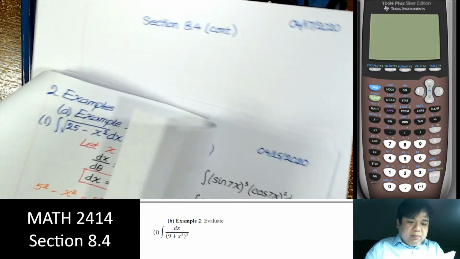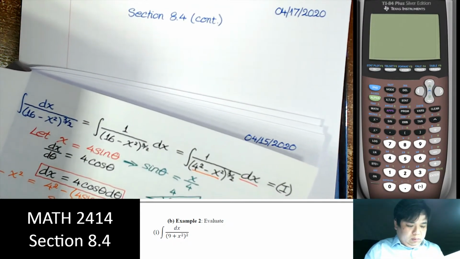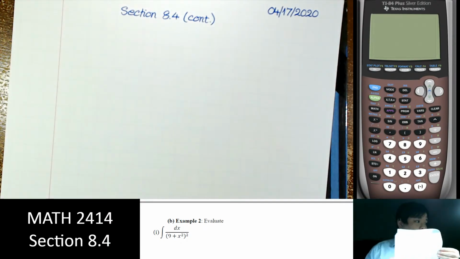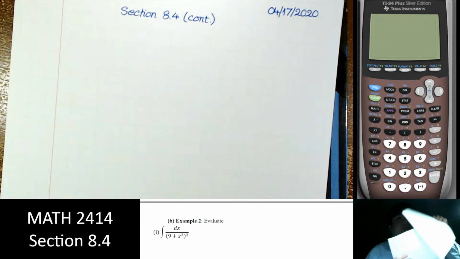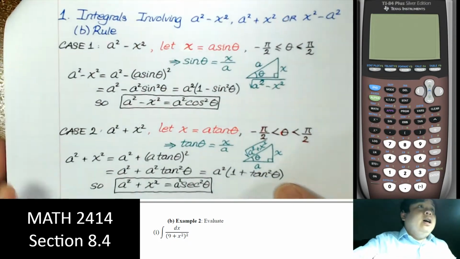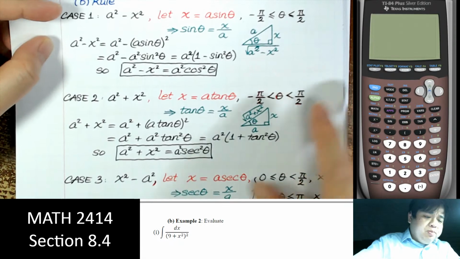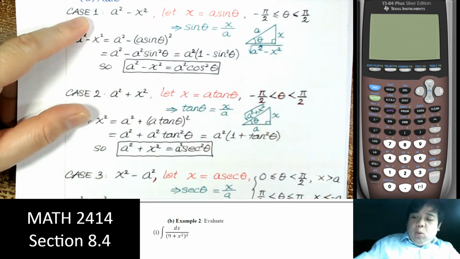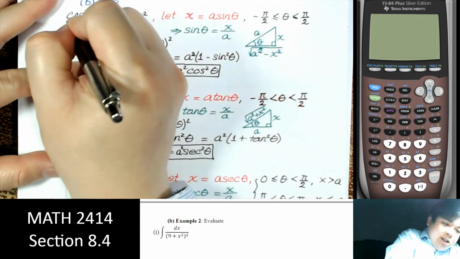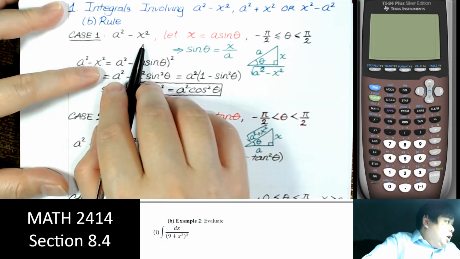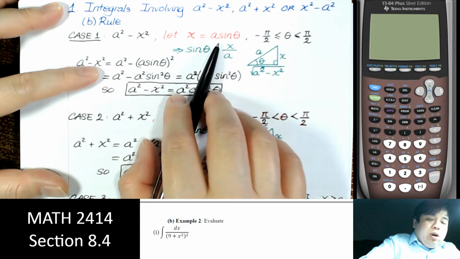At the beginning of section 8.4, we have 3 different cases. The first one, where we have a constant squared minus x squared, in which case we let x equal a sine theta.